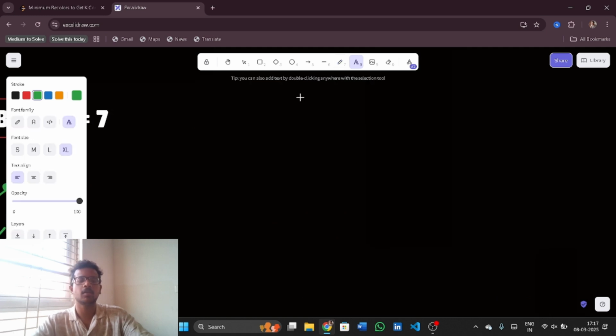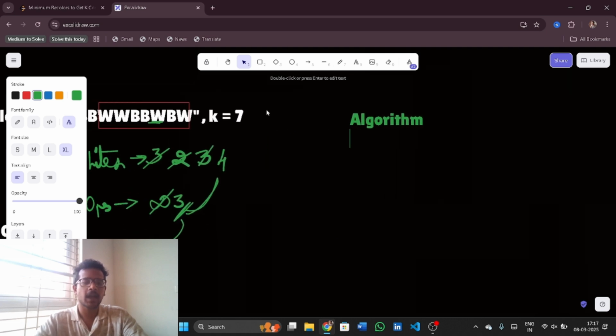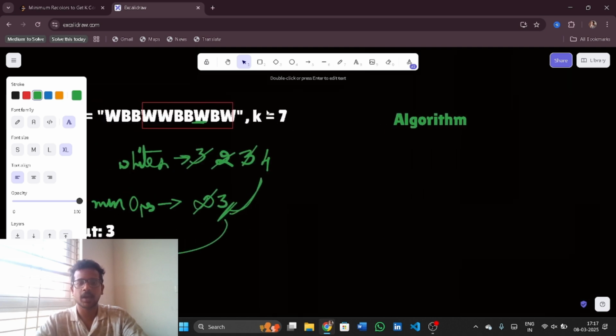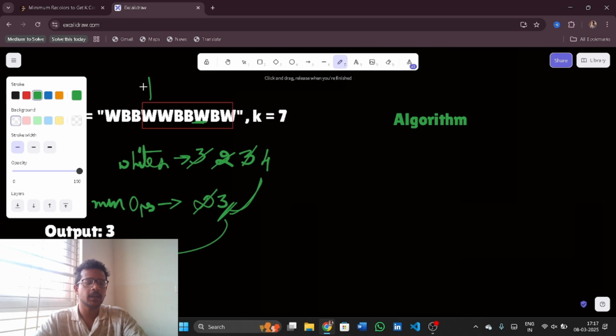Now let me write the algorithm for this. I am starting my iteration with i equal to 0, and I am going till here: 0, 1, 2, 3, 4, 5, 6, 7, 8 and then 9.